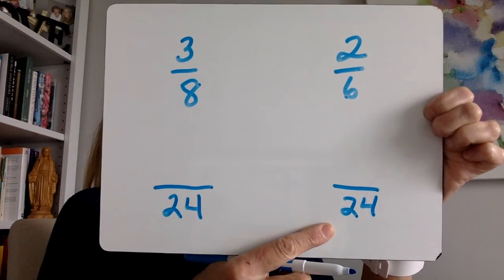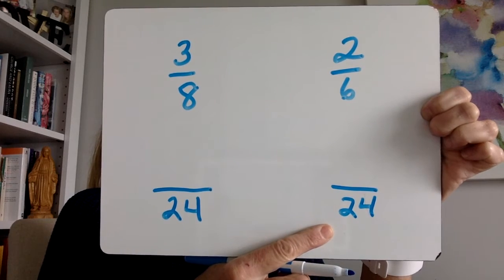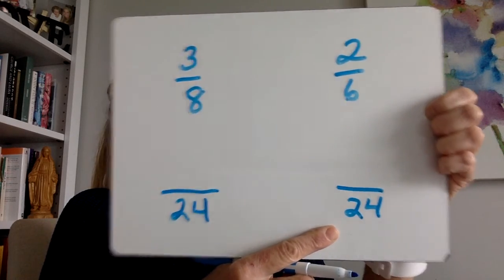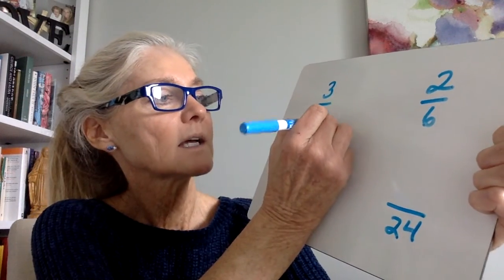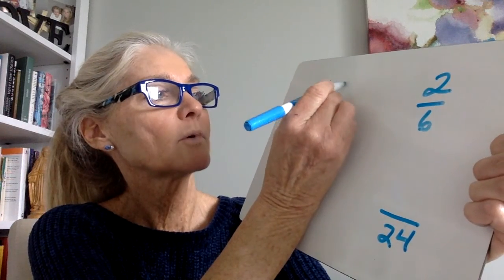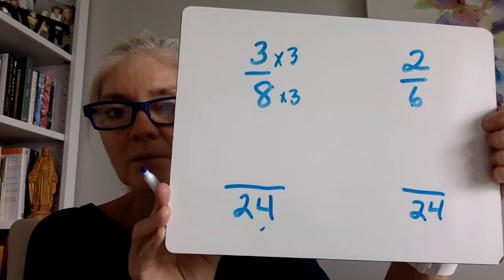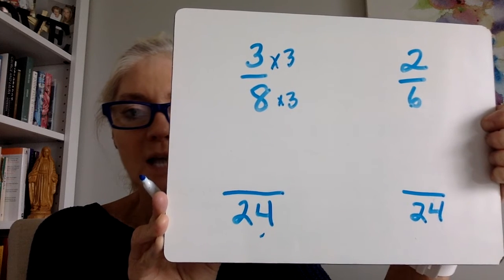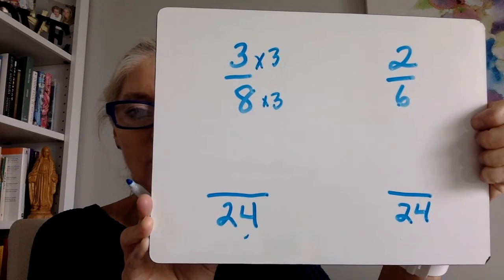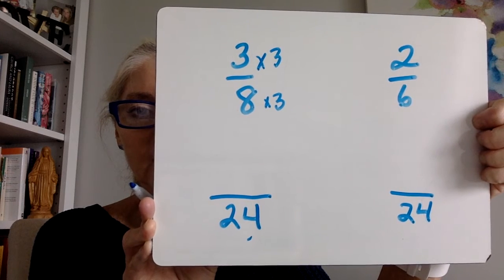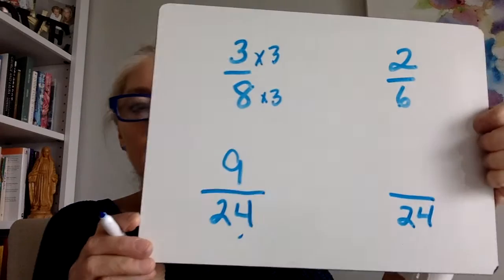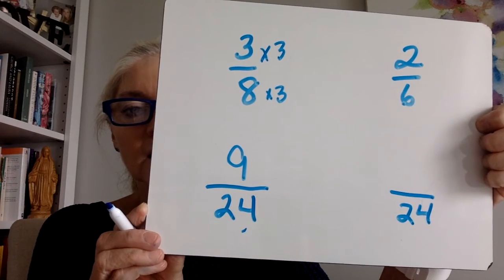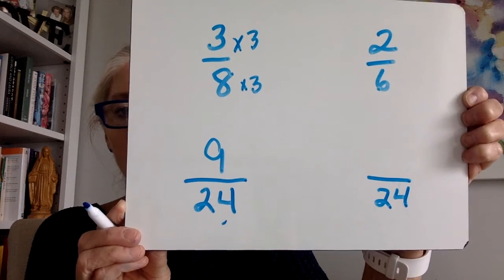Step 3, multiply both the numerators and denominators by the same numbers. 8 times something is 24. 8 times 3. So I have to multiply both the numerator and the denominator by the same number. Because I have to figure out how 8 gets into 24, I times it by 3. Since I did that, you have to do the exact same thing to your numerator. So 8 times 3 is 24. 3 times 3 is 9. Now I have a new fraction with a 24 for a denominator.